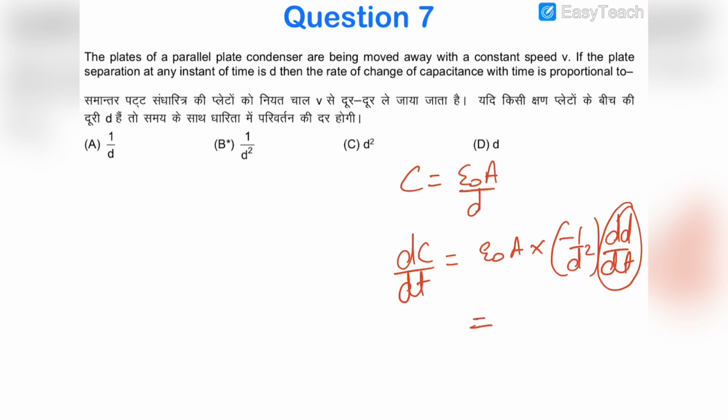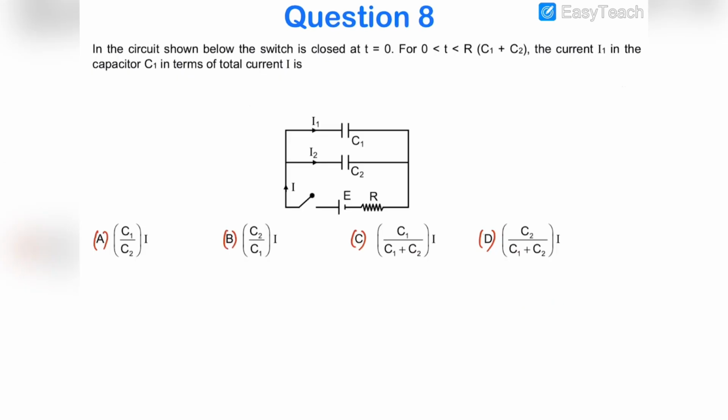So we can say that this is epsilon naught A v by d square with a negative sign. This negative sign indicates the fact that on increasing the separation between the plates of the capacitor, their capacitance would be decreasing. So obviously the correct answer will be B. Now we move on to the next question.